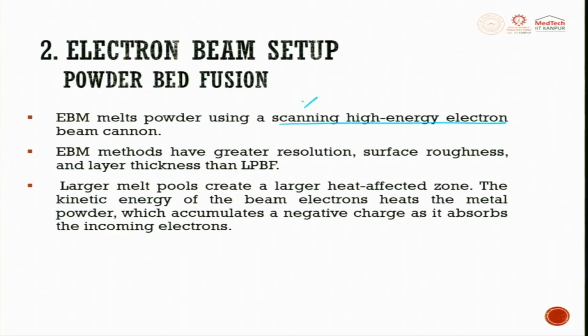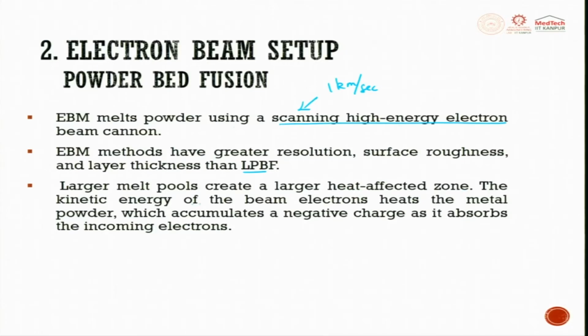Scanning, this is where we were referring to about 1 kilometer per second. The electron beam method has a greater resolution, surface roughness and layer thickness than LPBF, which we compared. The large melt pool creates a larger heat affected zone.